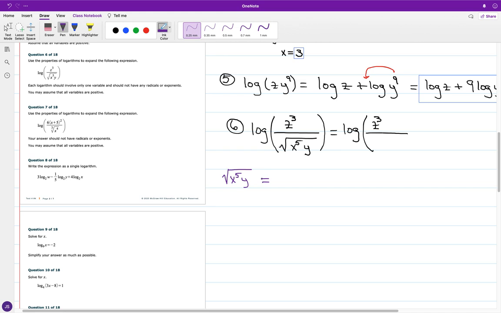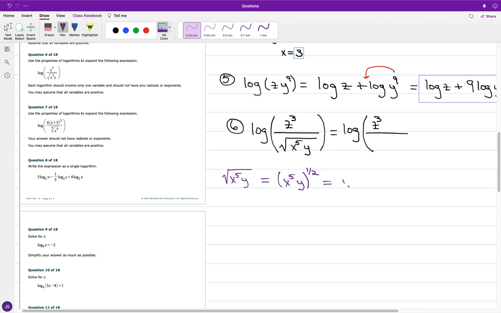Whenever you're dealing with the square root, you're dealing with 1/2 in terms of an exponent. So the square root of all of x to the 5th y will be the same as taking x to the 5th times y and raising to the 1/2, and the 1/2 degree is going to affect both x to the fifth as well as y.